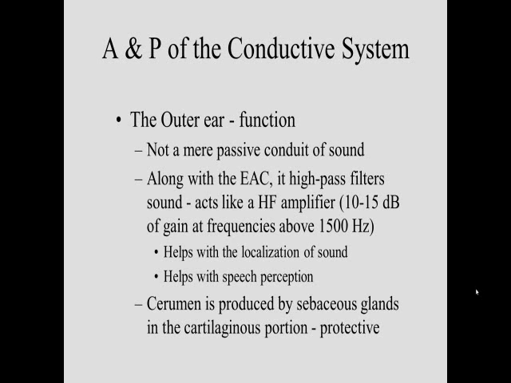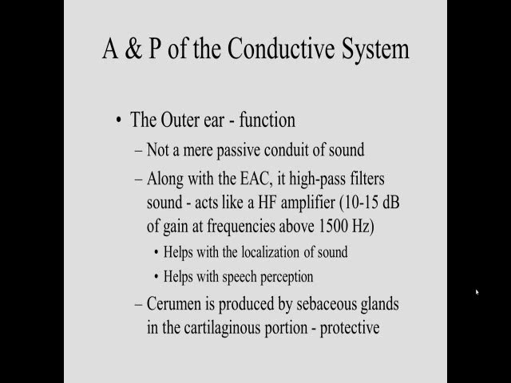In doing so, the outer ear actually physically contributes to our ability to localize sound as well as to extract speech signals from background noises, or just the sounds of speech, the phonemes of speech that contribute substantially to recognition.